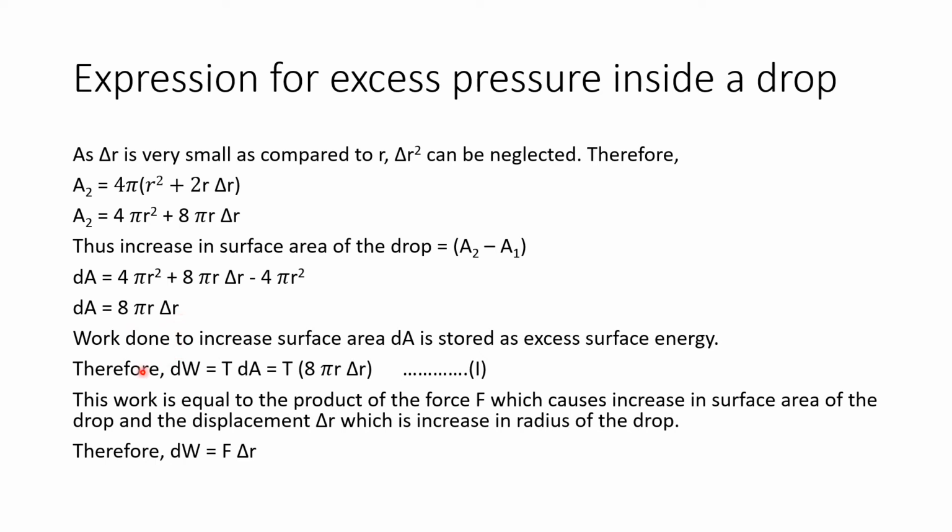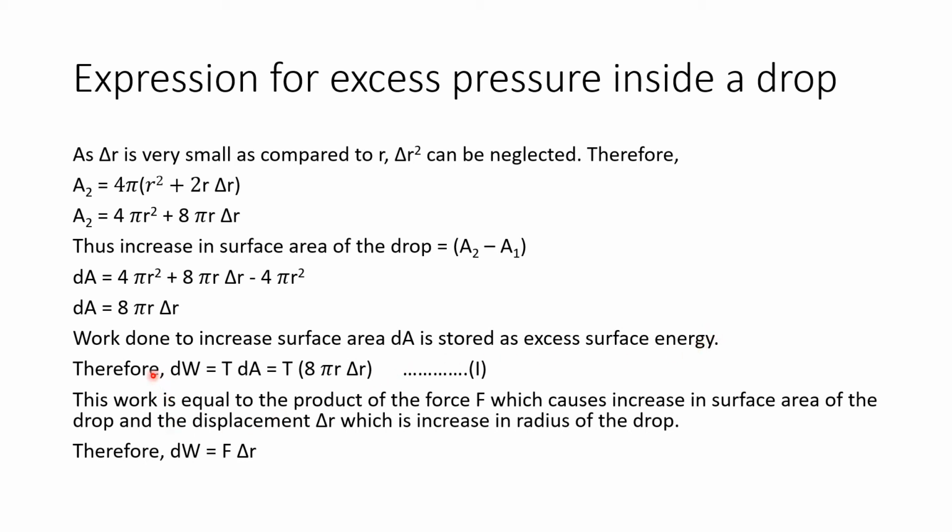Now you have learned the surface tension in terms of the surface energy. You have learned that surface tension is nothing but surface energy per unit area. Using that previous knowledge, we can say that the work done to increase the surface area dA is stored as excess surface energy, because the energy and work are interconvertible, right?